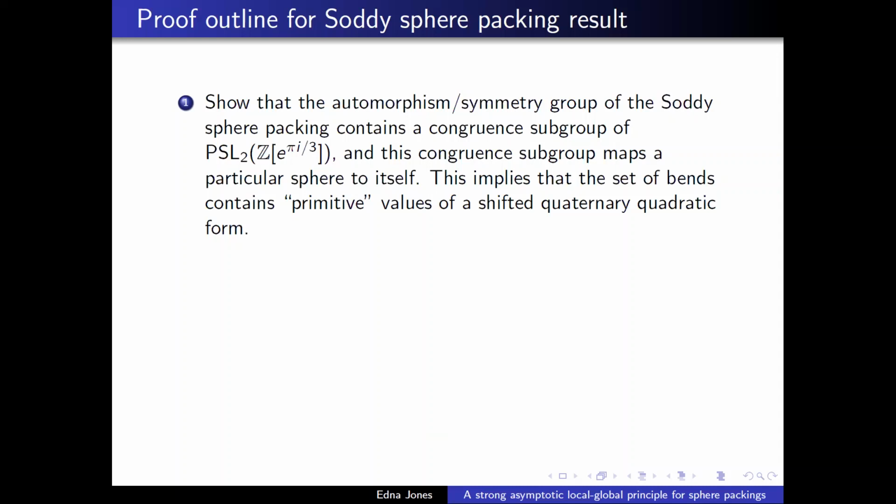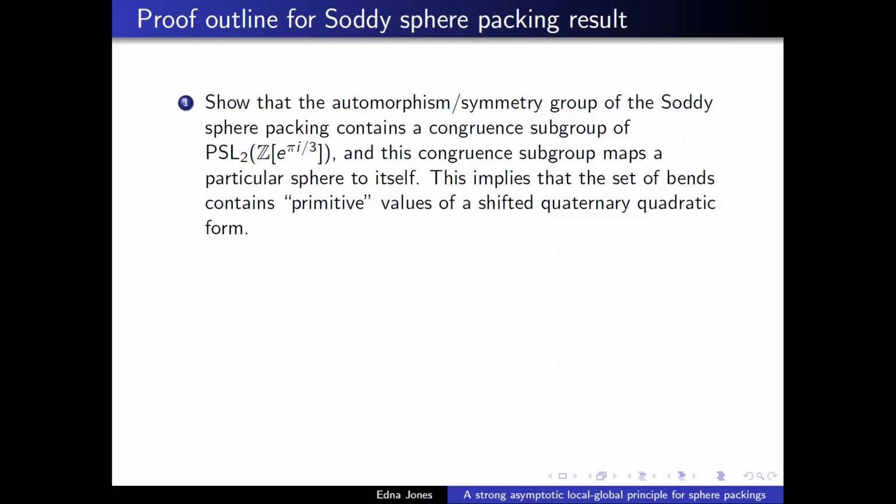So when I say automorphism group or symmetry group here, I mean a group generated by reflections or Mobius transformations. So consisting of reflections or Mobius transformations. And I'm talking about reflections through circles, but anyway.